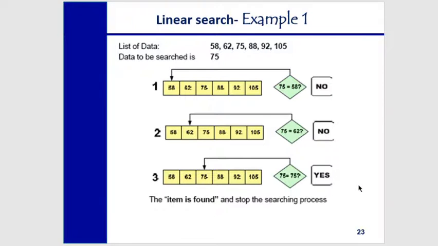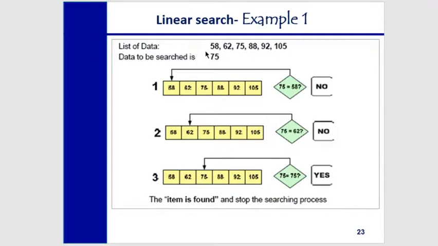So let's see how it works by taking an example. This is just an algorithm. We've been given a list that doesn't have a particular order, and we have to search for 75. What the compiler basically does in linear search is take the element which we have to search and compare it with each element of the list. Just look at my cursor, how I'm doing it.